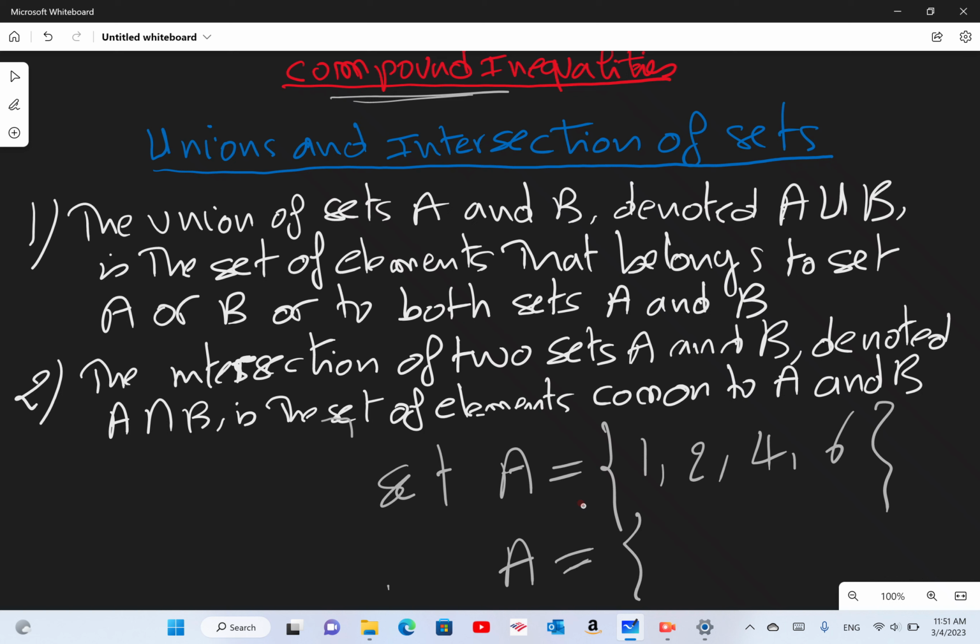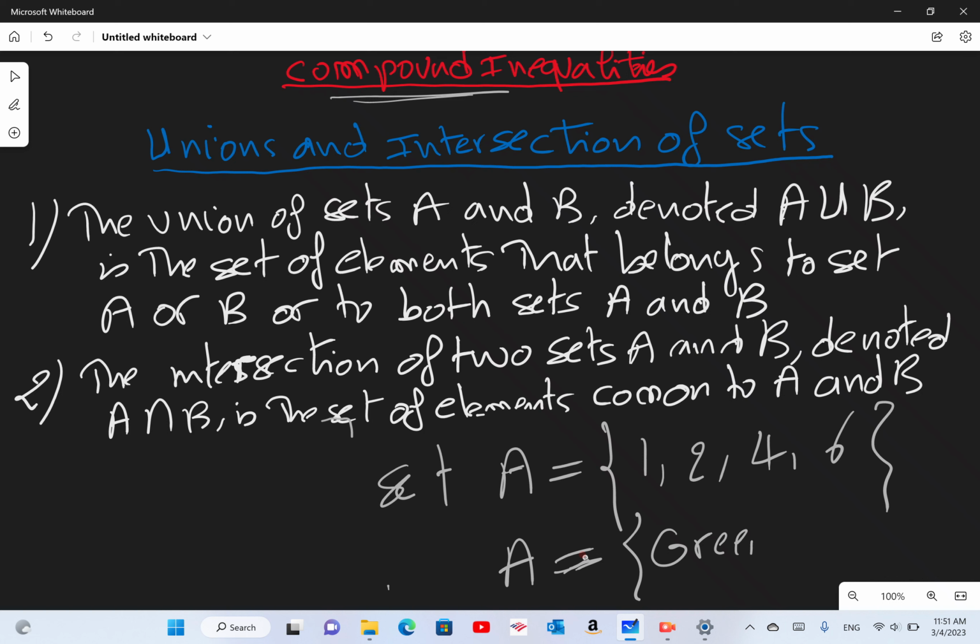A set can also have members that are anything, like alphabets. Let's give a concrete example, a set of colors.